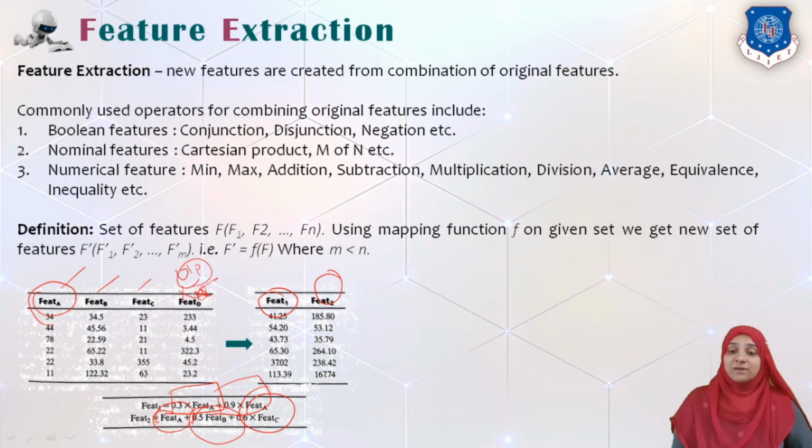So we are eliminating one feature and producing two new different features from our existing features A, B and C. This is just an example; where these values come from and where their formula comes from is a completely application and dataset dependent decision. There are no hard-coded formulas that these two values must get added and multiplied with so and so value.